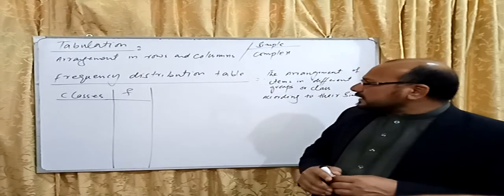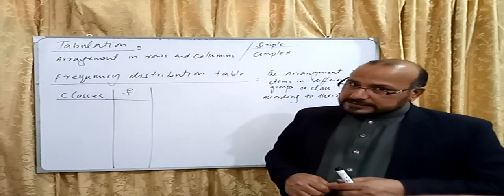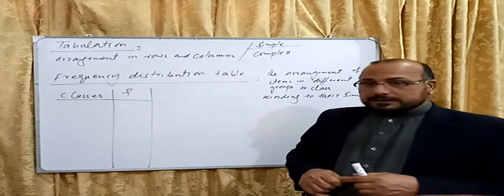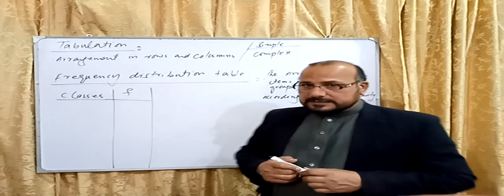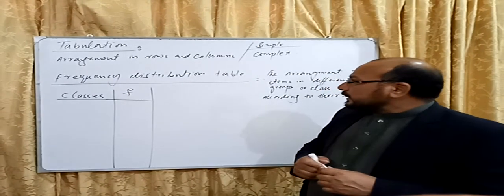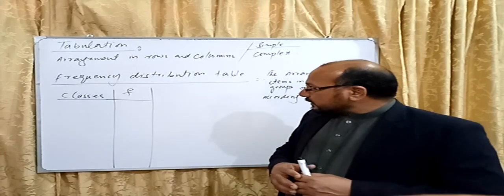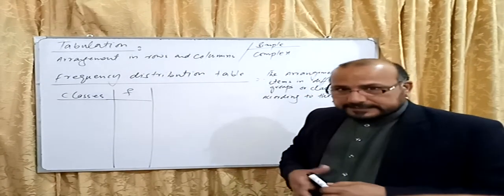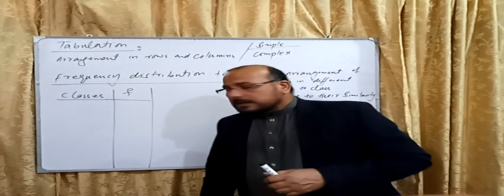Then we have a very famous tabulated form that we need to understand, and we will discuss it again and again in upcoming classes. That is called the frequency distribution table. It is also called grouped data, or secondary data. What is a frequency distribution table?